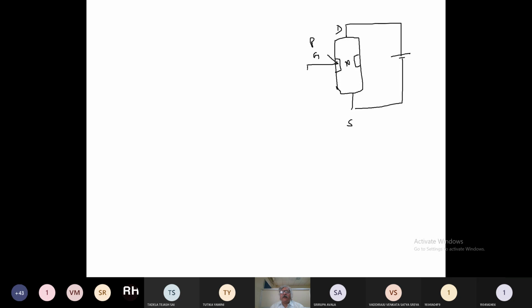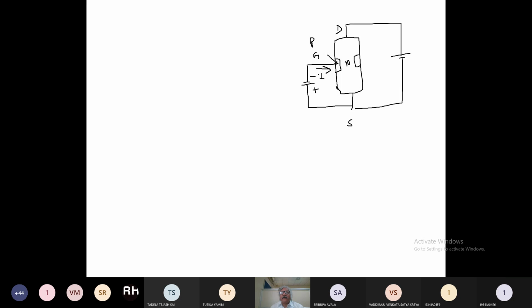Here we connect a battery in this way, this is negative and this is positive. The P material of the gate is connected to the negative terminal, and N material here. So a reverse bias is experienced at the gate, and we know that under the reverse bias condition, the current flow is not there.